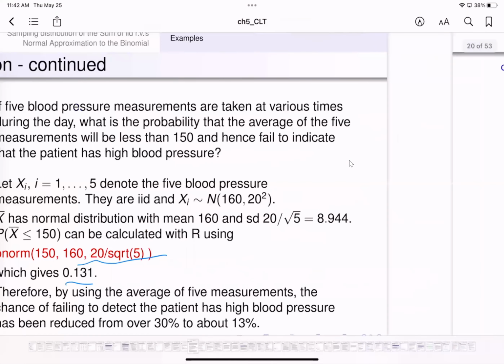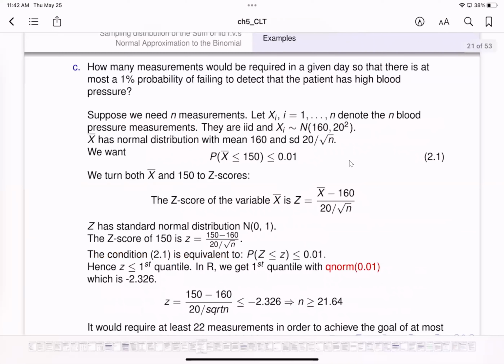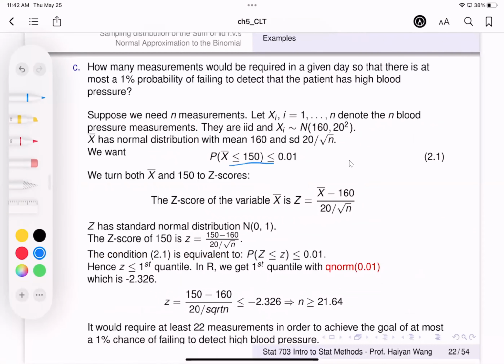For the third question, we know that 150 is the percentile, and the percentile from X bar is related to the percentile from the standard normal, the Z-score. If we convert X bar to the Z-score, X bar minus 160 over 20 divided by square root of N, this has a percentile easily obtained from R or from the table.